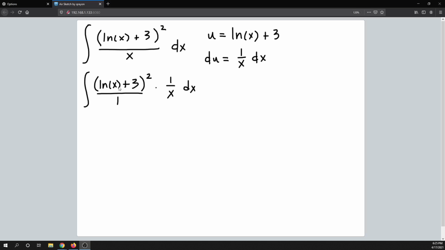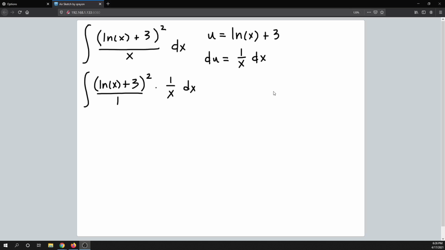That's the natural log of x plus 3 quantity squared times 1, which gives me just the natural log of x plus 3 quantity squared, like up here. Then if I multiply the bottoms together, I get 1 times x, which is x, exactly what I have here. So multiplying these two fractions together gives me exactly this expression. Once you pull it apart like that, it's a lot clearer what substitutions you're going to make.